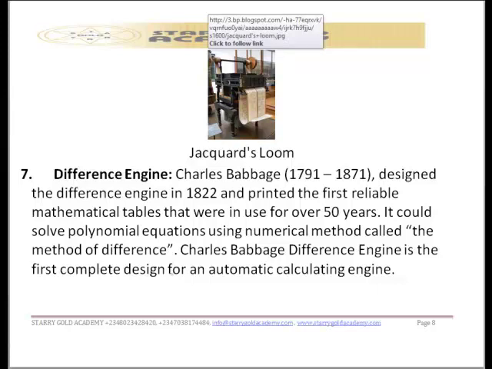Can you see that it is a machine? Now here, the features I would like us to get is that it used punch cards as storage.